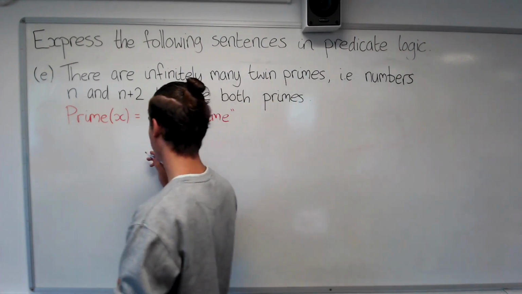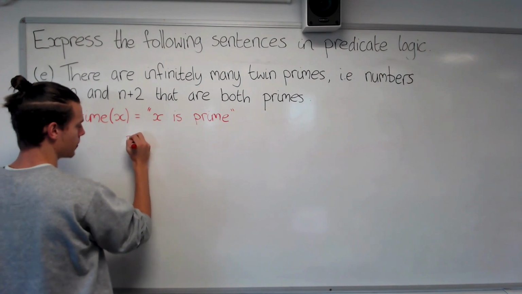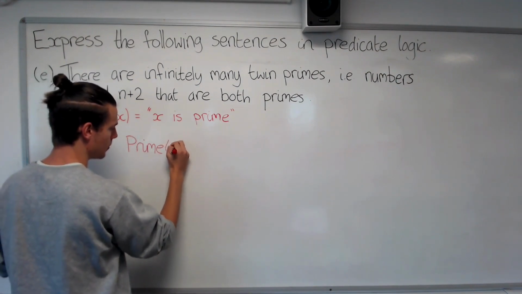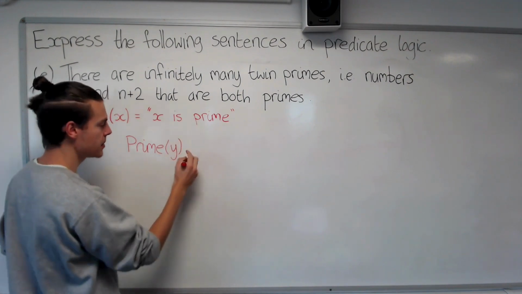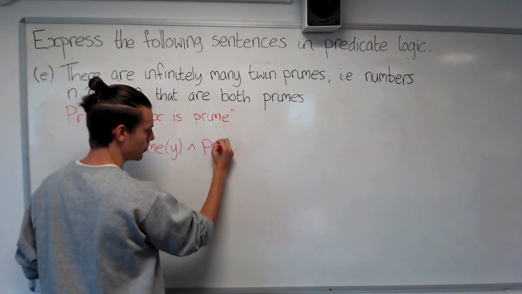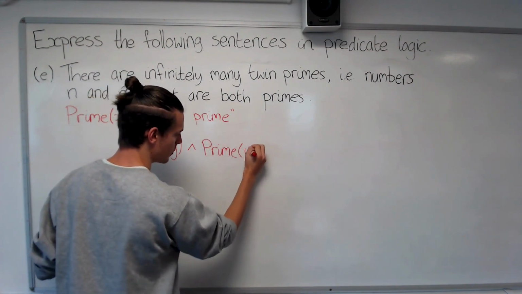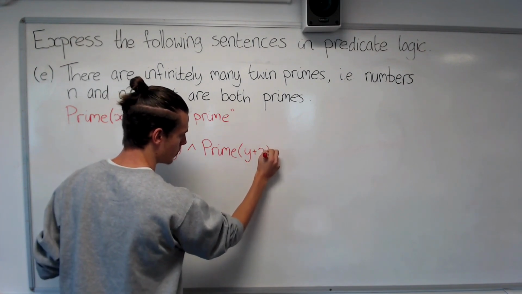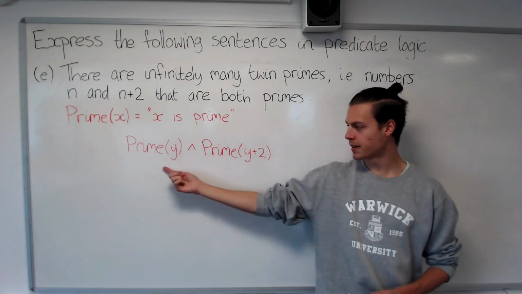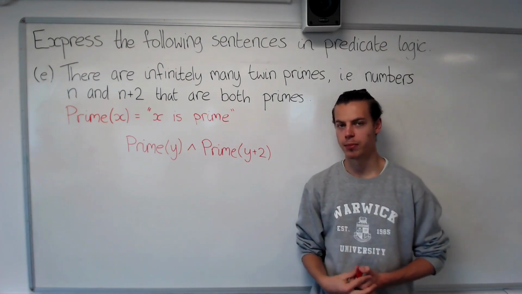So this can be expressed y is prime and y plus 2 is prime. Okay? So this statement expresses that y and y plus 2 are twin primes.